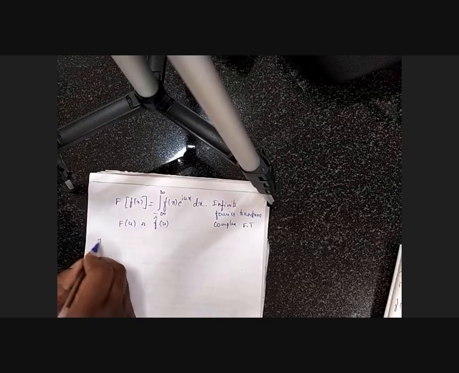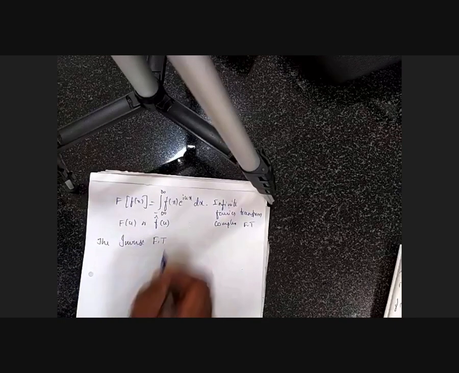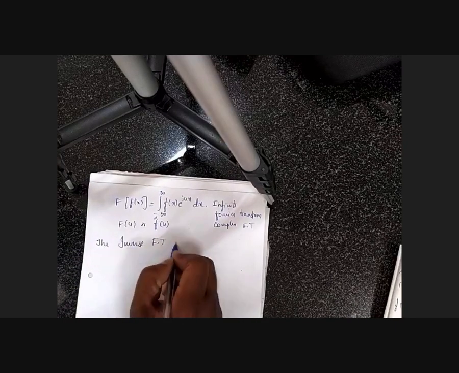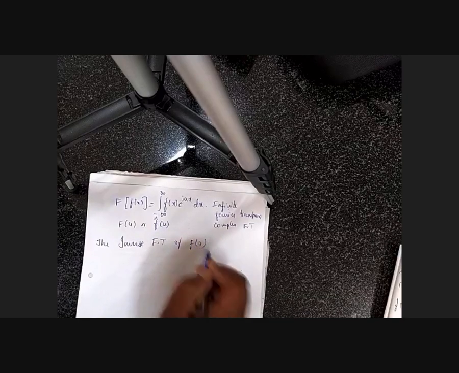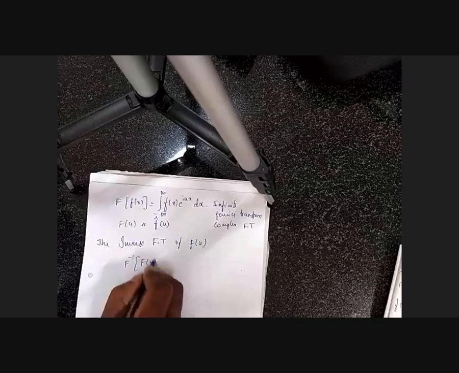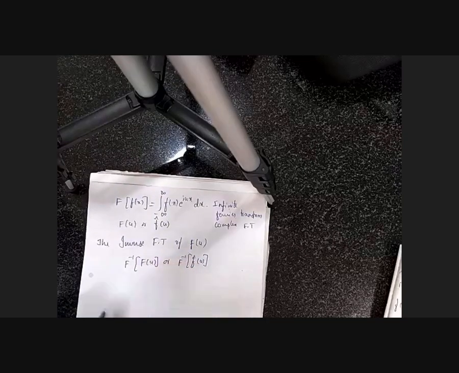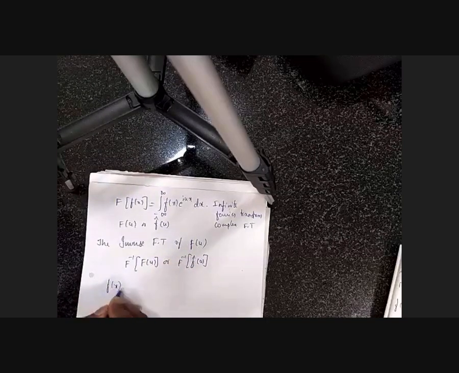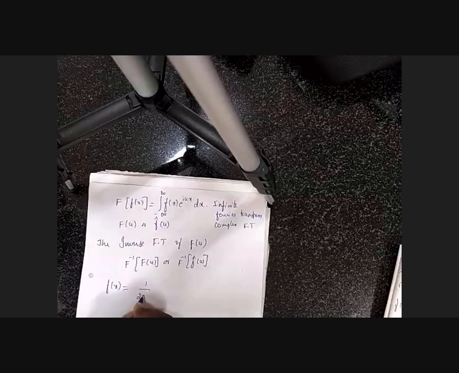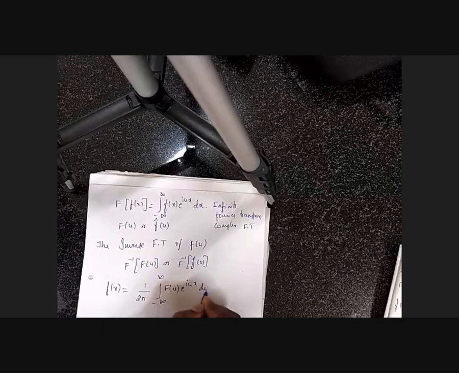Next, the inverse Fourier transform. The inverse Fourier transform of F of u is denoted by F inverse of F of u, or F inverse of F cap of u, and is defined as f of x equal to 1 by 2 pi times the integral from minus infinity to infinity of F of u e power minus iux du.